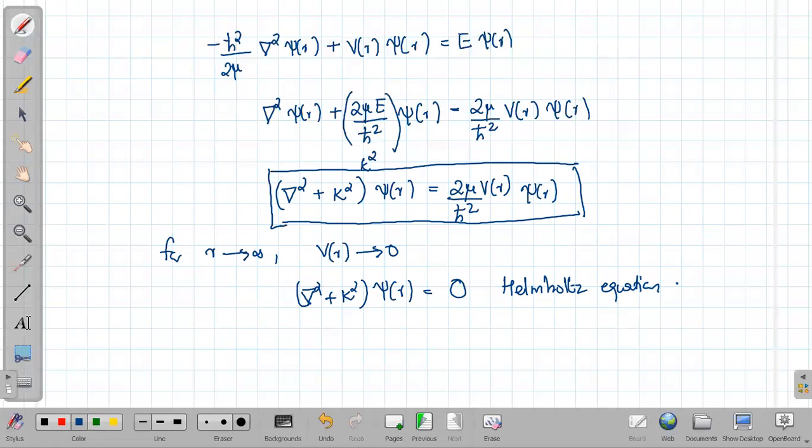And there is one way to solve this problem. That is, you can use the Green's function technique to find the solution for this particular differential equation. Okay, so the Green's function technique is one of the techniques to find the solution for differential equations. Okay, now what is Green's function? Okay, so Green's function is basically the solution for a differential equation for a unit source.